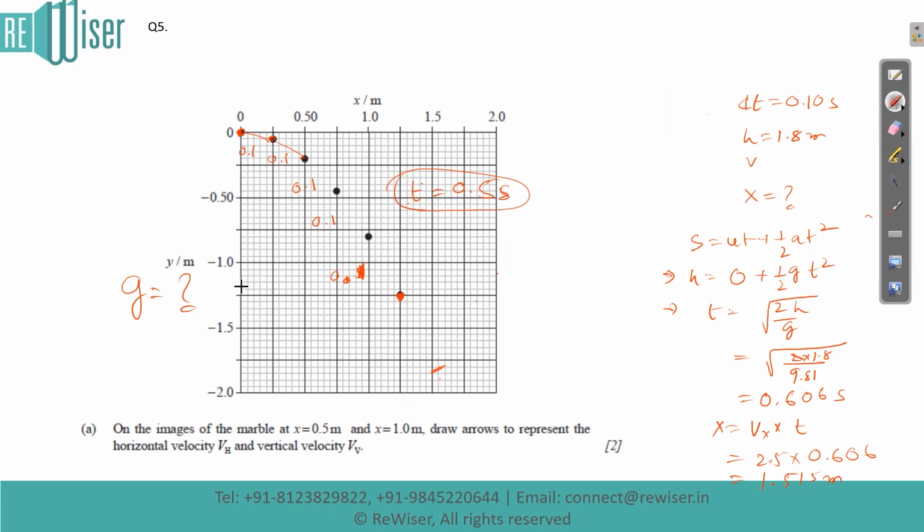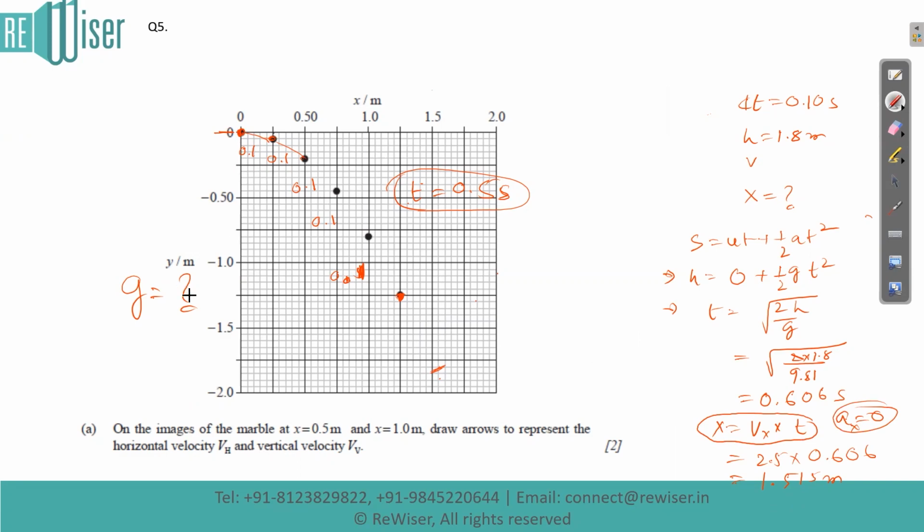And what is the displacement in y direction? We are not considering displacement in x direction in order to find out g, because in x direction we have already considered that acceleration ax is 0. So we cannot find out gravitational acceleration by considering motion in x direction.